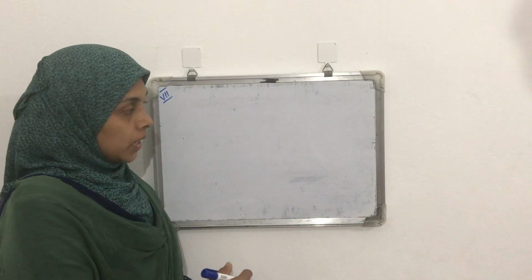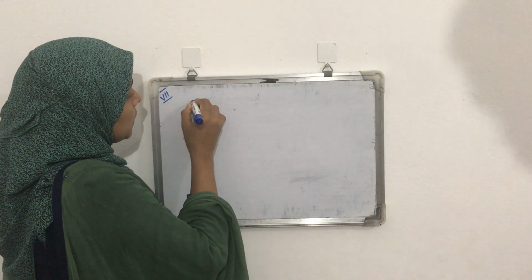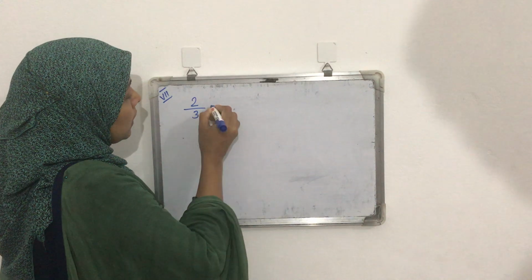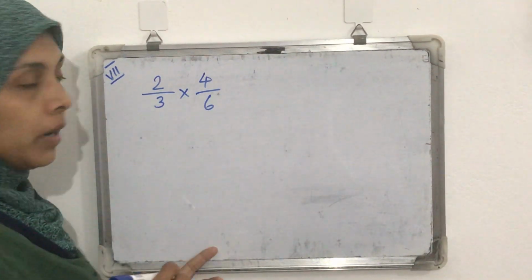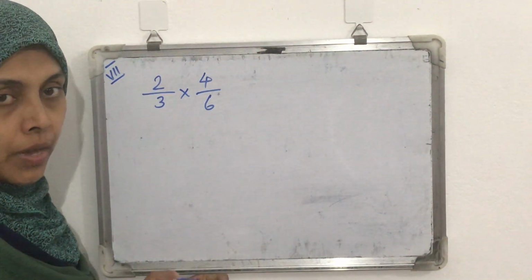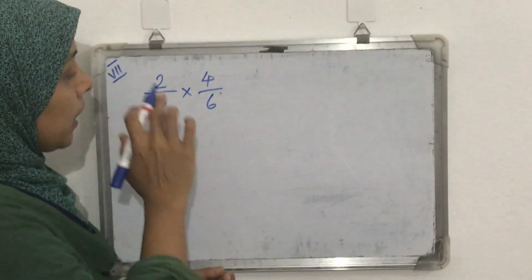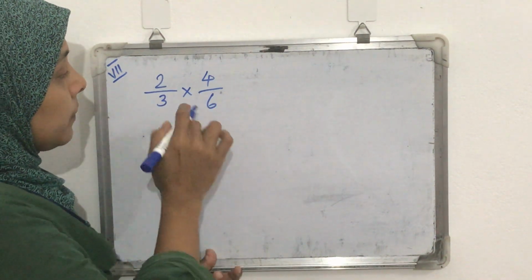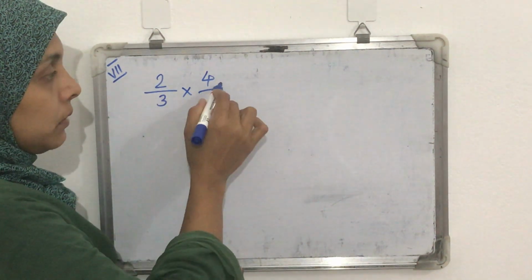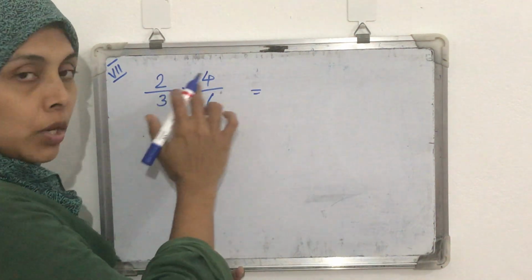What is the rule for that? This is one example: 2 by 3 into 4 by 6. When we multiply a fraction by another fraction, the rule is to multiply the numerators, that means find the product of the numerators.